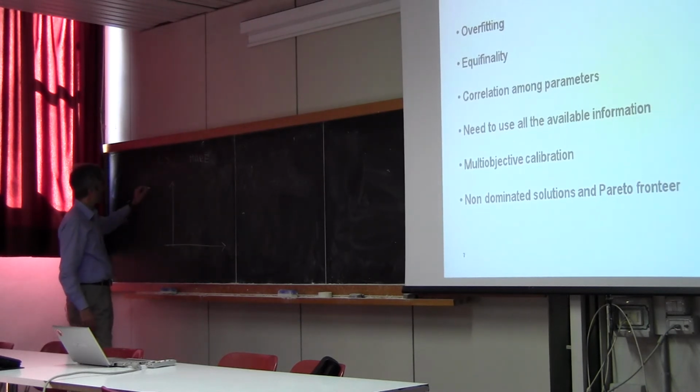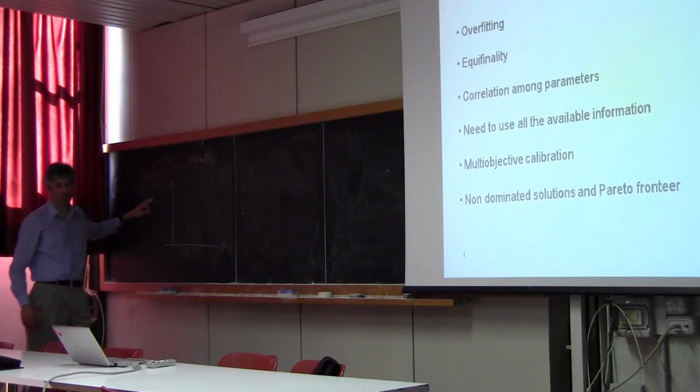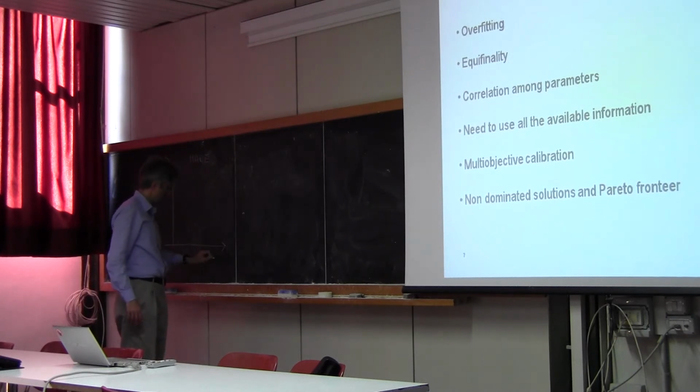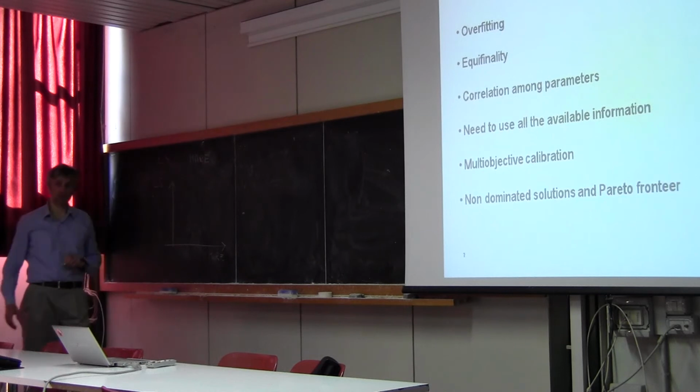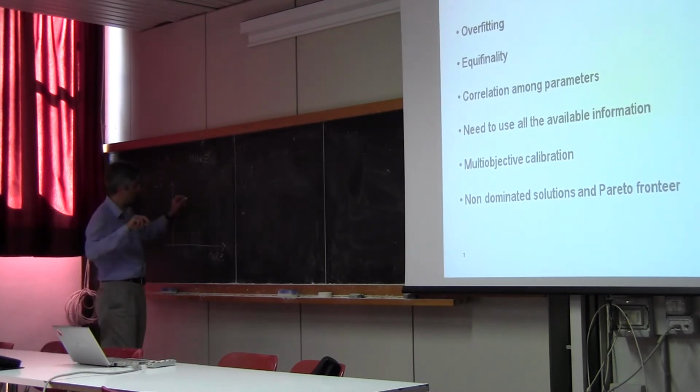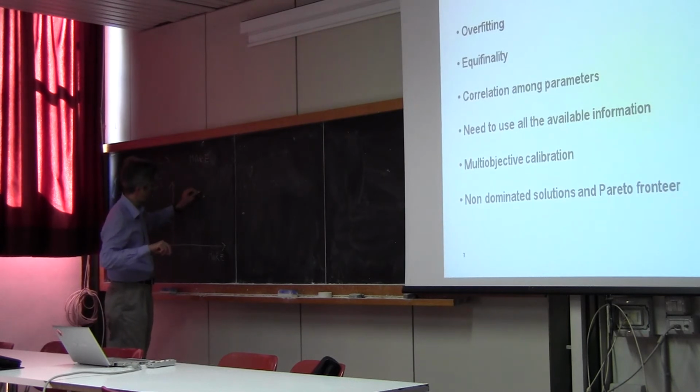which displays one of the two objective functions on the abscissa, and the other one on the ordinate. And therefore, once you pick up a parameter vector by chance, you can put a point in this plane. Like this is theta 1.